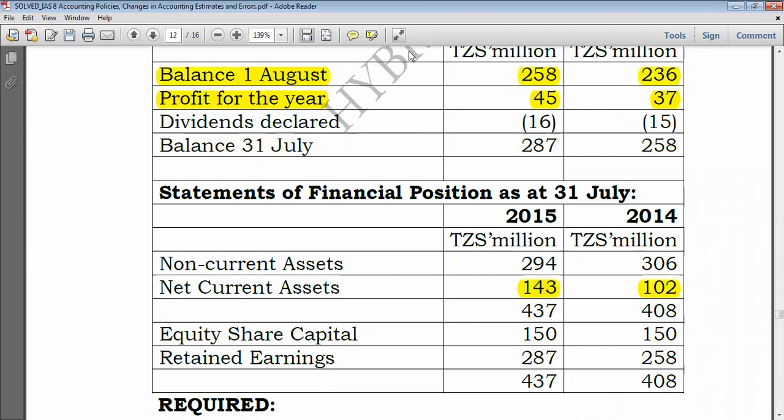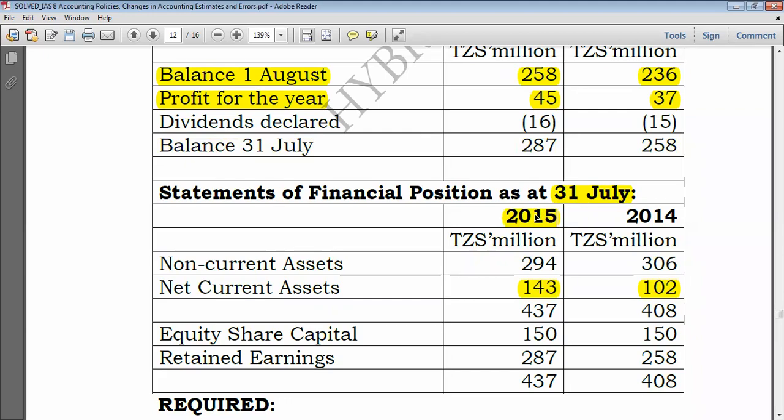If you deal with the statement of financial position, look at the date under consideration and go back to all the past transactions that were wrongly recorded. So ask yourself, this is 2015 and these assets are 143. Go and take everything up to 31st July 2015, because this is the closing balance.